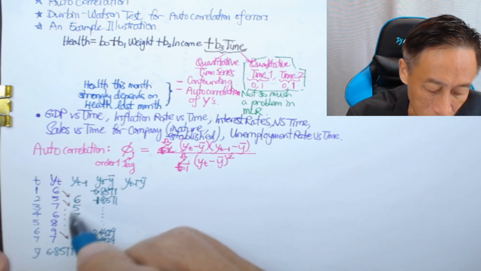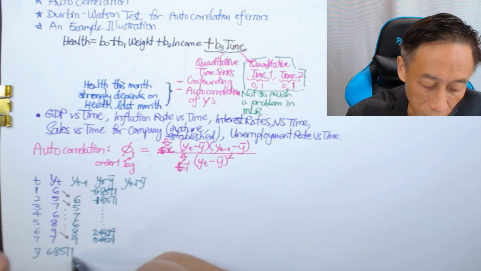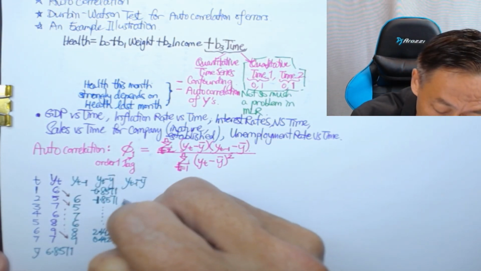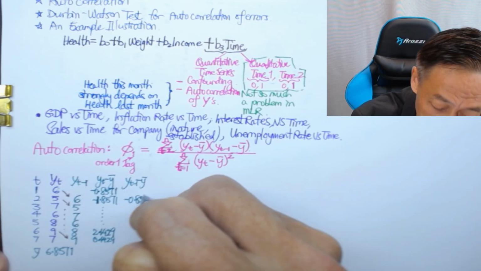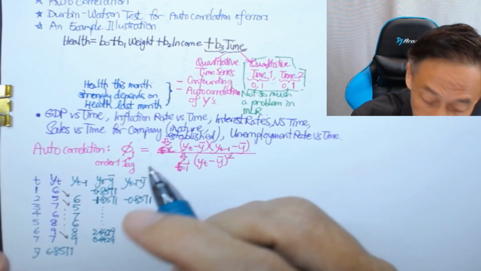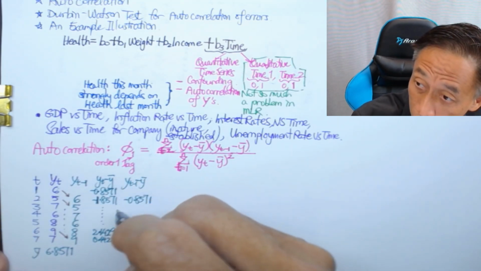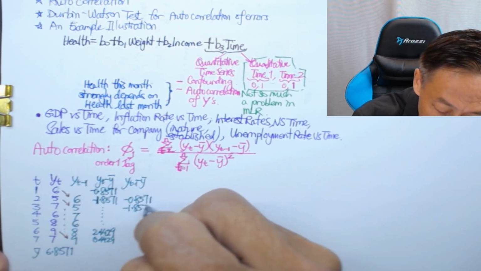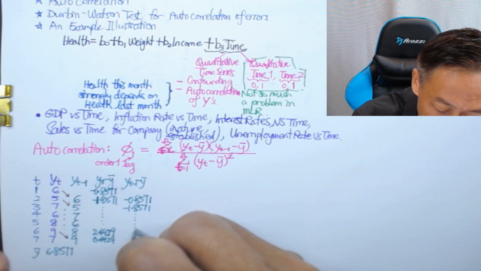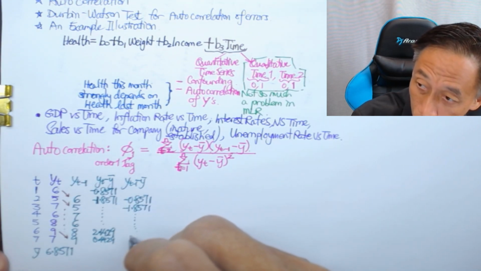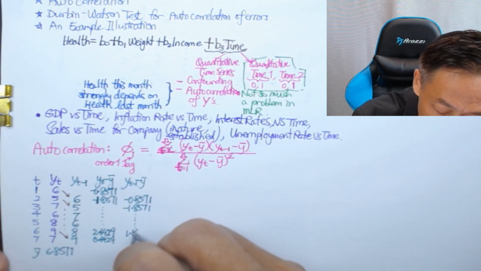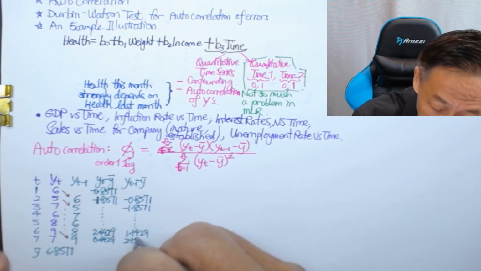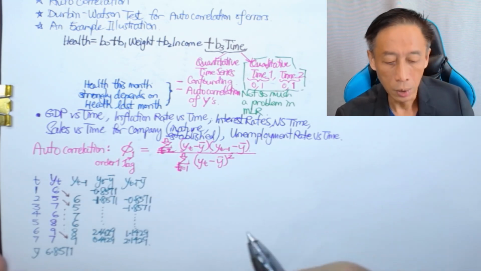Second cell is to use 6 minus 6.8571, resulting in negative 0.8571, right? Negative 1.8571. Again, all the way down to 1.1429 and 2.14.